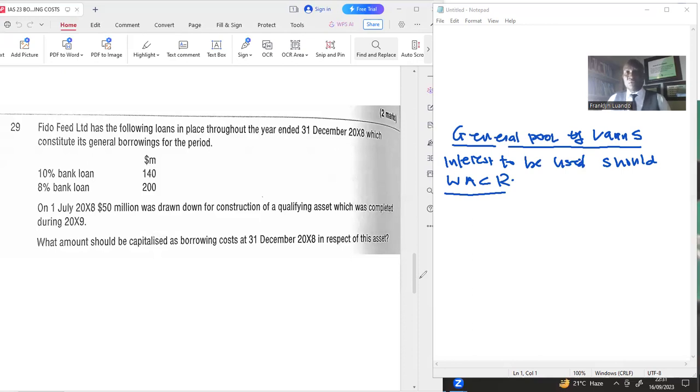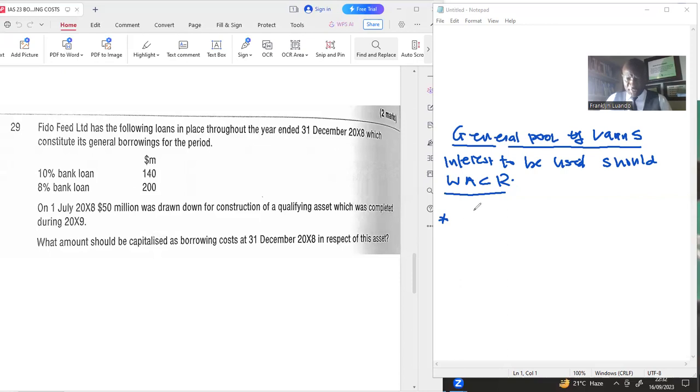Now, the other point to consider is that interest capitalization will cease once the project is completed.